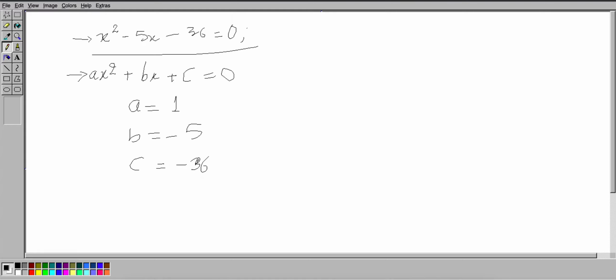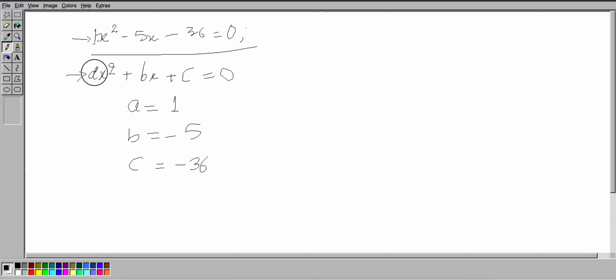Is this right? So how do we do it? We have 1 in front of x squared, right? If there is no number, then we put 1. So 1 times x squared is still x squared.